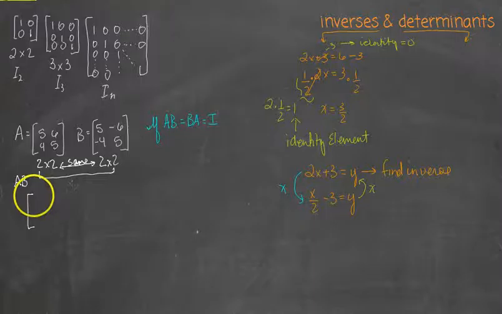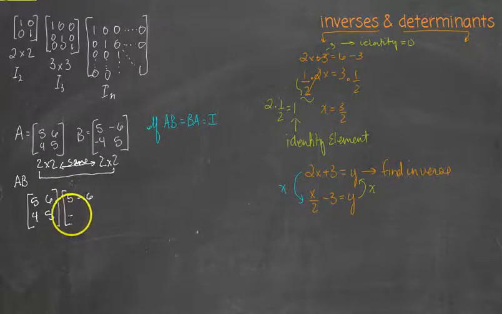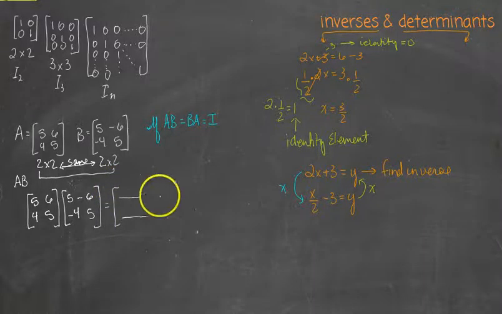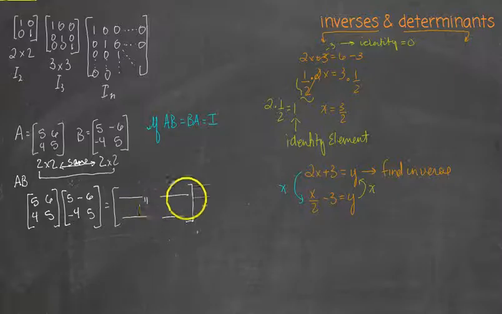So A is 5, 6, 4, 5, and B is 5, negative 6, negative 4, 5. And I know that my result is going to be a 2 by 2. So I'm going to put in my addresses to help me multiply. Row 1, column 1, row 2, column 1, row 1, column 2, and row 2, column 2.